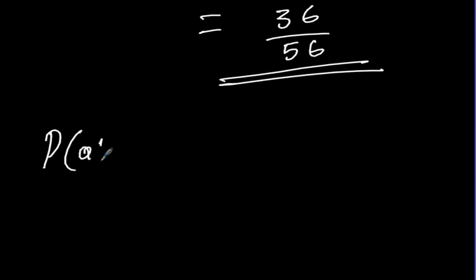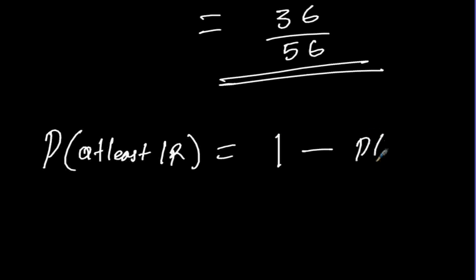Probability of at least 1 red is the same as 1 minus getting 2 blues.